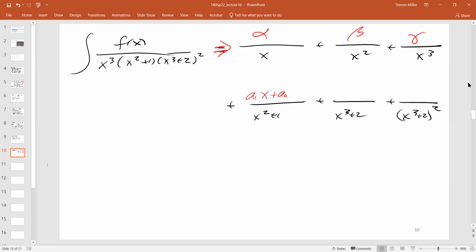What about the x cubed plus 2? What degree would that be? Quadratic. So we'll write that as B2x squared plus B1x plus B0. What about x cubed plus 2 squared? Also quadratic.